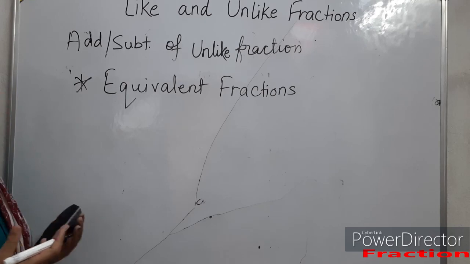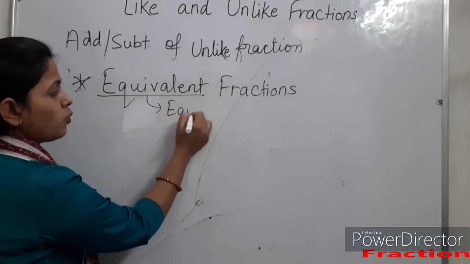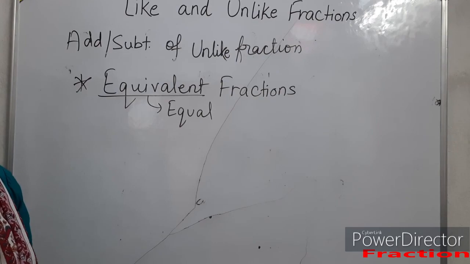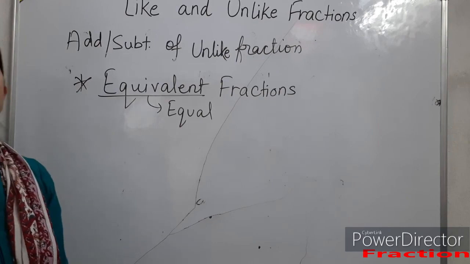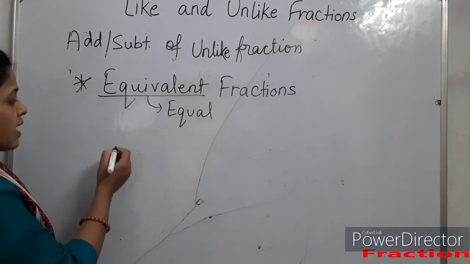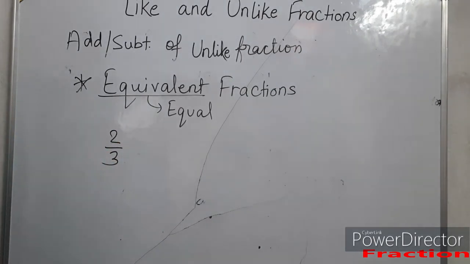So what do we mean by equivalent fraction? Equivalent has been derived from the word equal. Equivalent fractions means the multiples of the same fraction. As I have written here, 2/3 is a fraction.